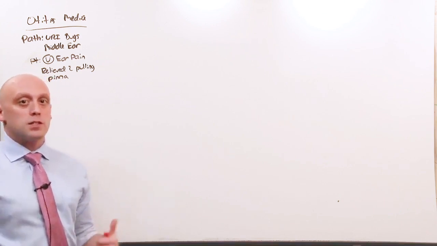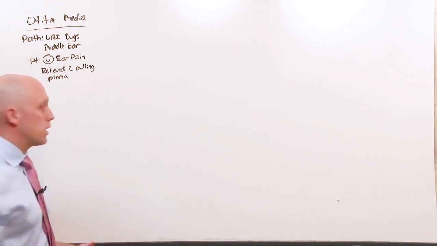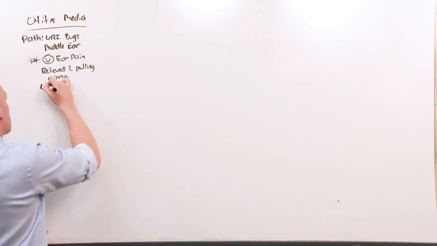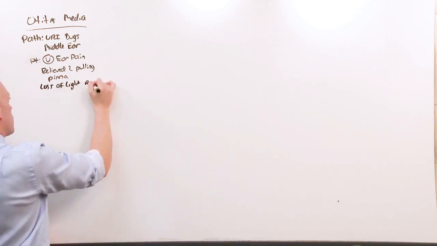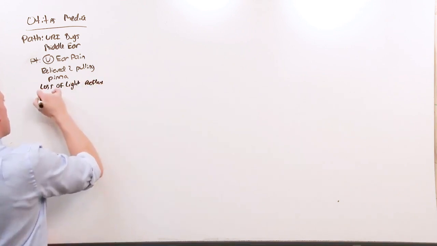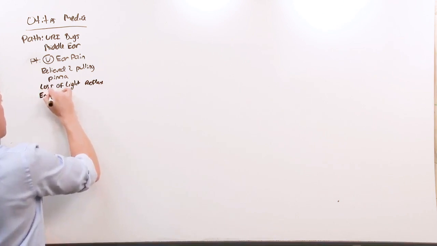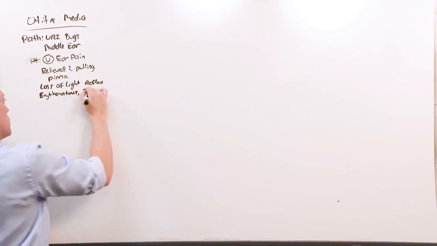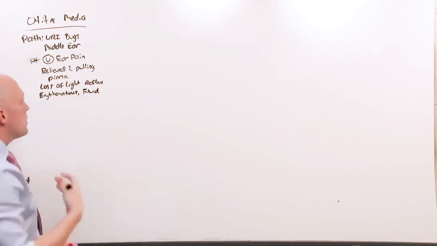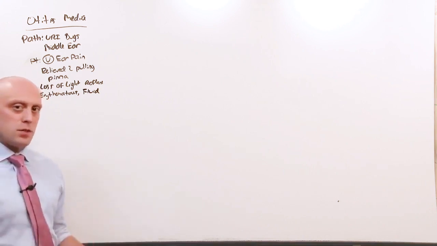And otitis media is going to be swelling of the tympanic membrane. So you'll see words like loss of the light reflex, a bulging erythematous tympanic membrane. And what you ought to see is fluid behind the ear. But none of these things are diagnostic of otitis media.